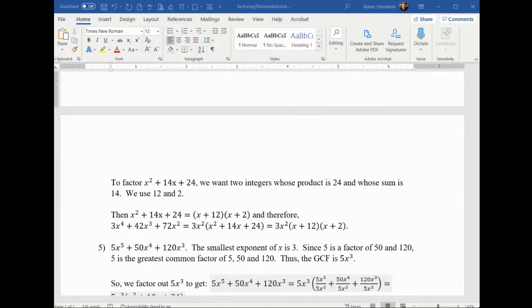And 5 is a factor of 50 and 120. So the greatest common factor among the coefficients is 5. So the GCF is 5 times x cubed.